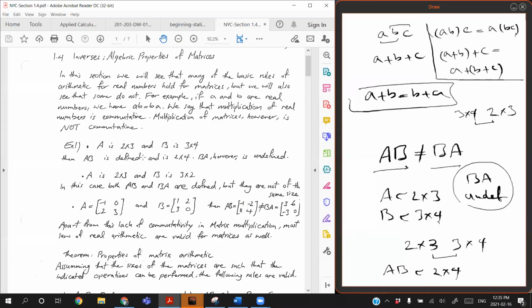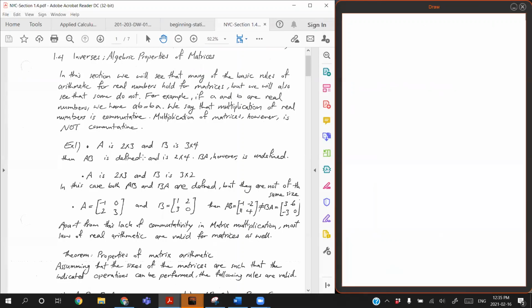So that was one example. Now, what if both of them are defined? Imagine A is 2 by 3 and B is 3 by 2. In this case, in any order, the result is going to be defined. AB would be 2 by 2. BA would also be defined, but BA is going to be 3 by 3.